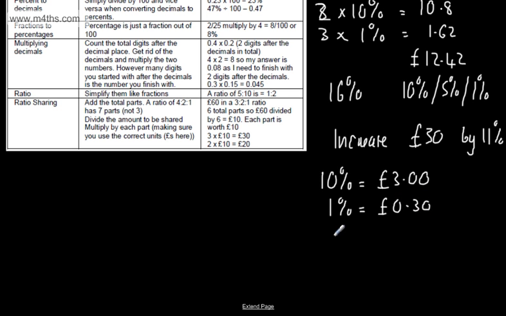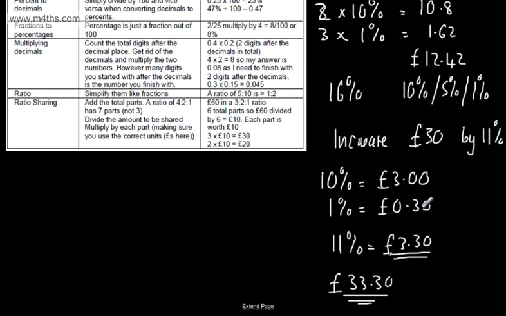So that gives me that 11% is going to be equal to £3.30, and all I need to do is add that on. So we're going to have £33.30. I've increased £30 by 11%. I found 10%, I found 1%, and I've added it on.